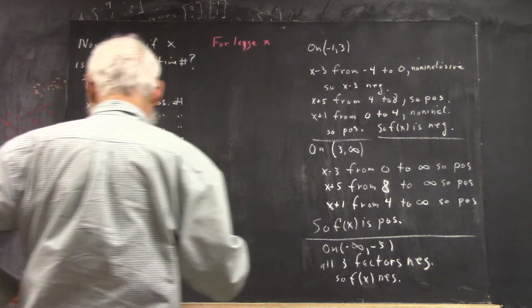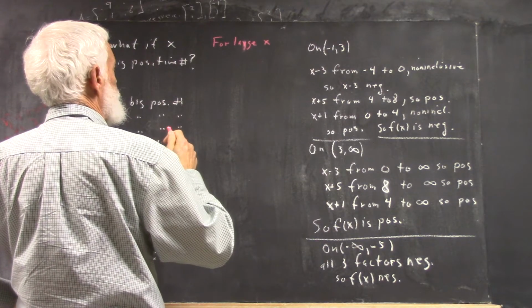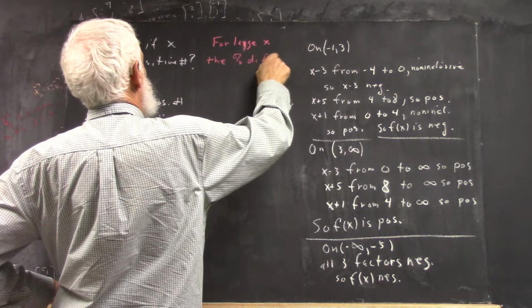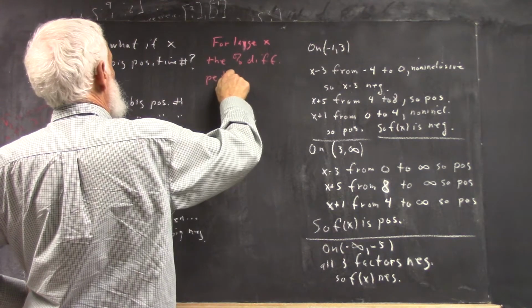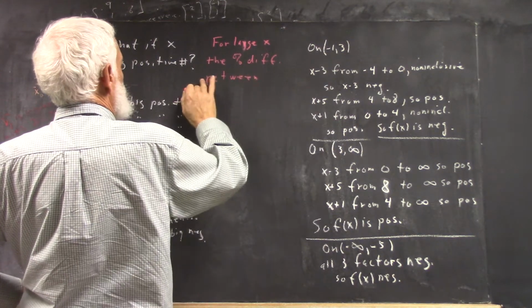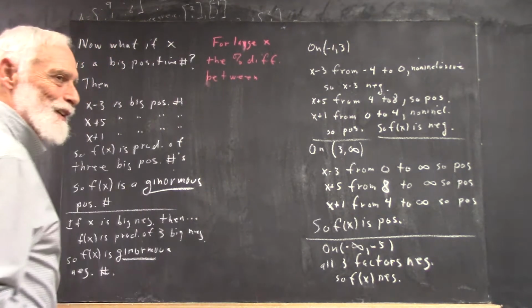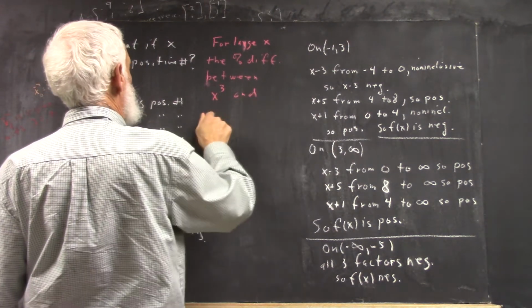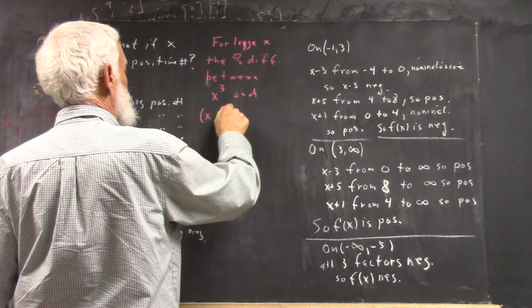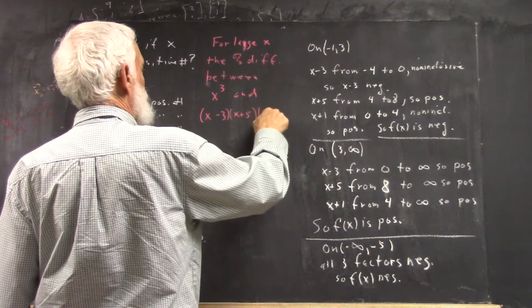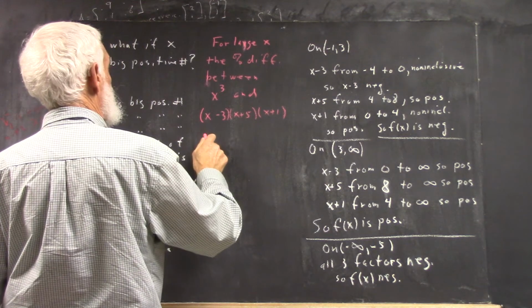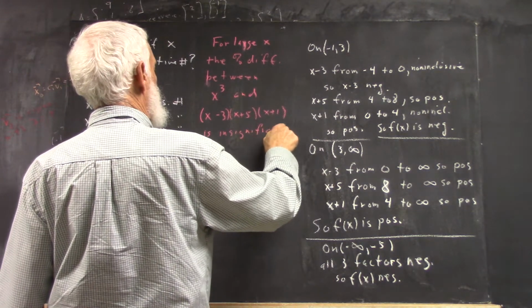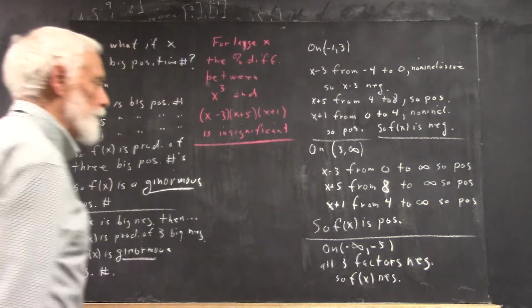For a large x, the percent difference between x cubed and x minus 3 times x plus 5 times x plus 1 is insignificant.